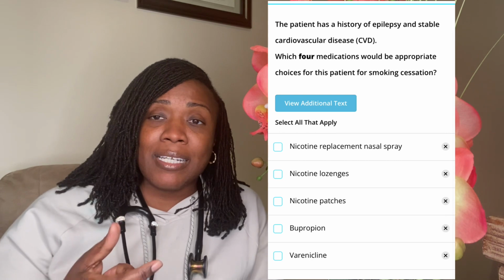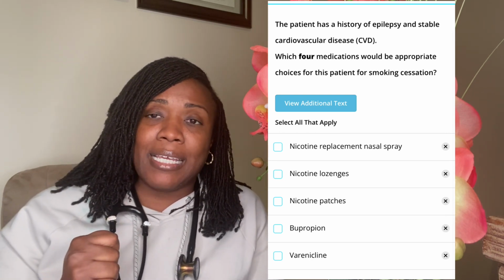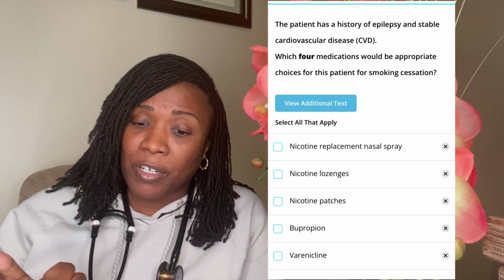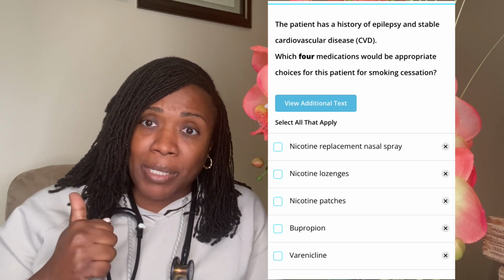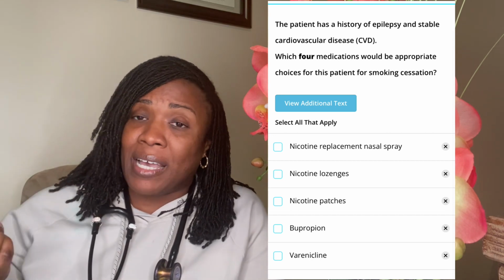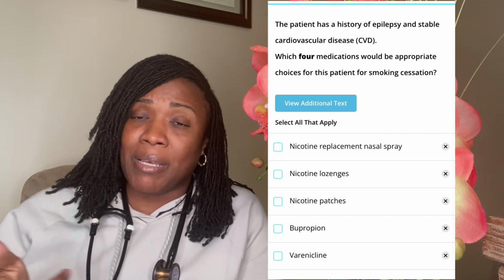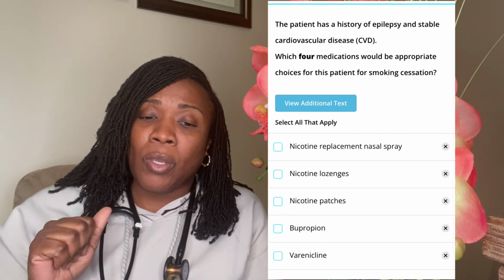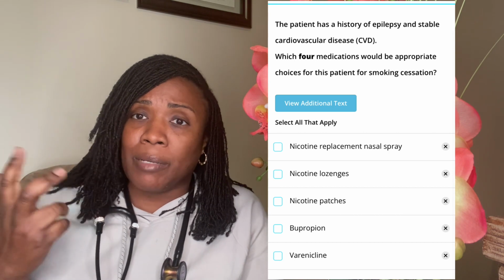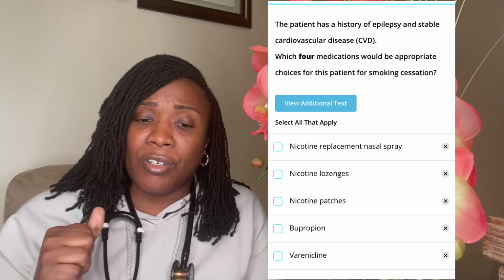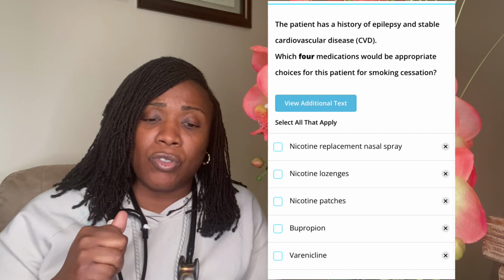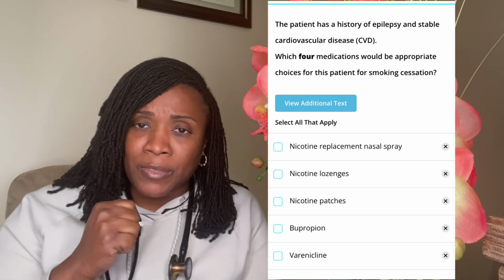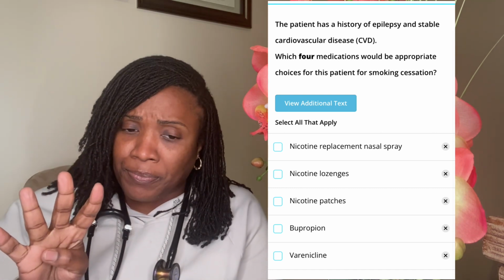Varenicline is a medication that is safely used for patients who have cardiovascular stability and patients who have had seizures. There's no evidence that shows that this medication interferes with a patient who has epilepsy or cardiovascular issues. And I'm sorry, another option was nicotine replacement nasal spray, because they wanted you to choose 4 of them.